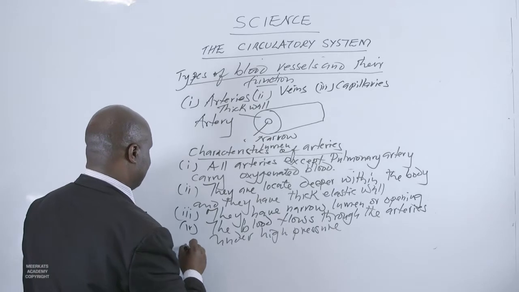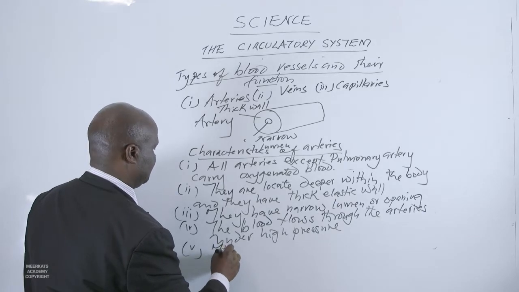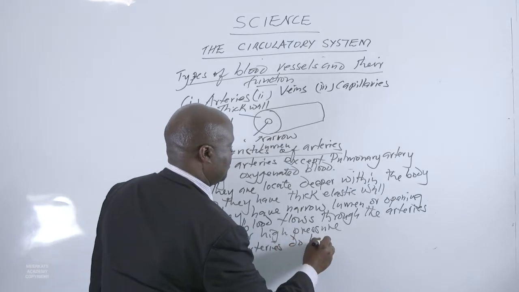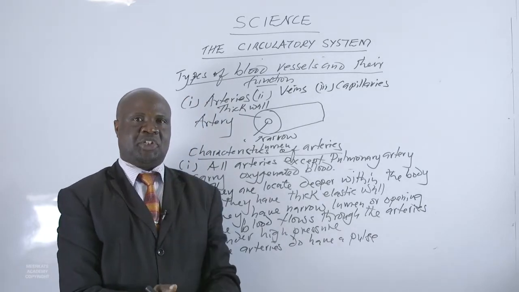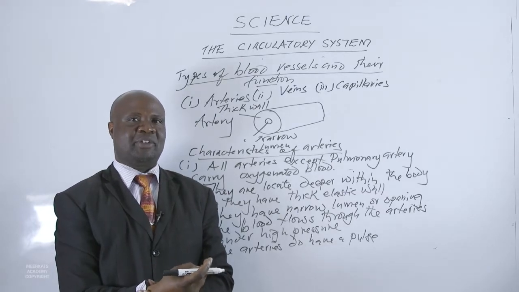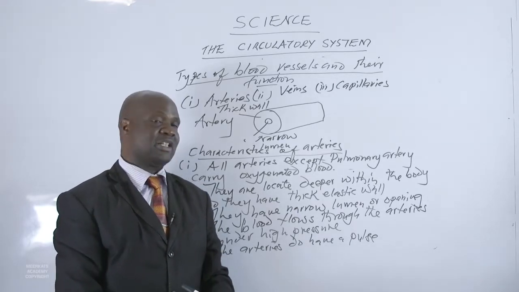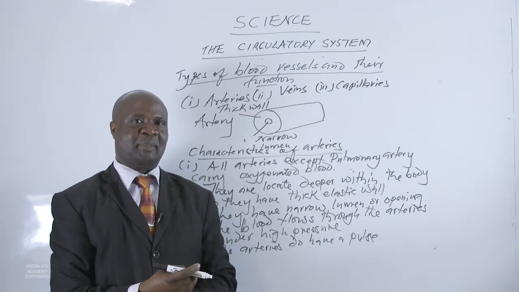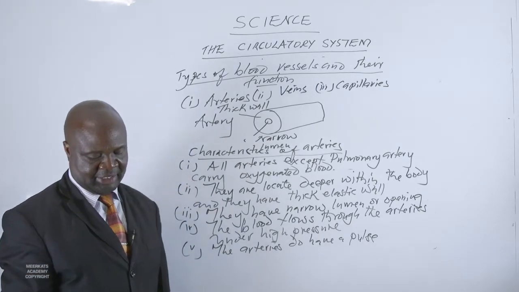Another characteristic, arteries do have a pulse. If you touch your wrist and press it slightly, you will hear the pulse, the beatings from your arteries. You can actually experiment, and you will notice within the wrist that there is a pulse when you press the arteries. So we are saying arteries have a pulse.